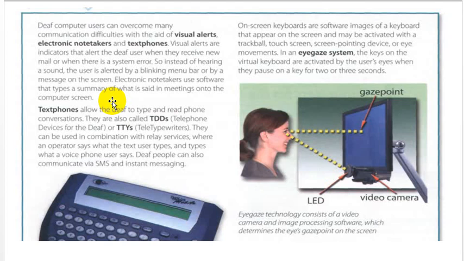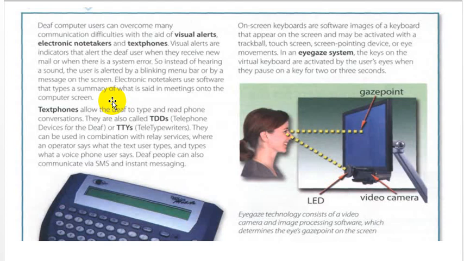They can be used in combination with relay services where an operator reads the text typed and speaks it to a voice phone user. Deaf people can also communicate via SMS and instant messaging.